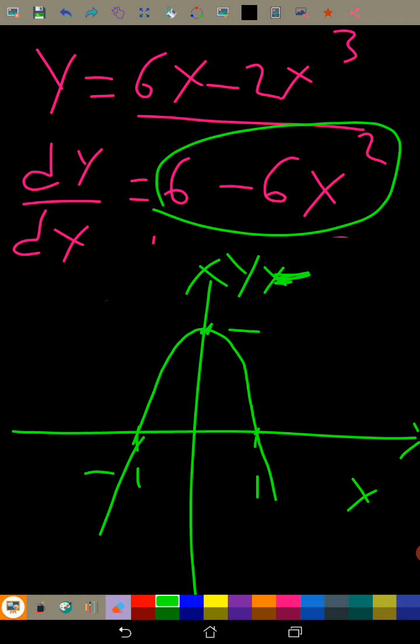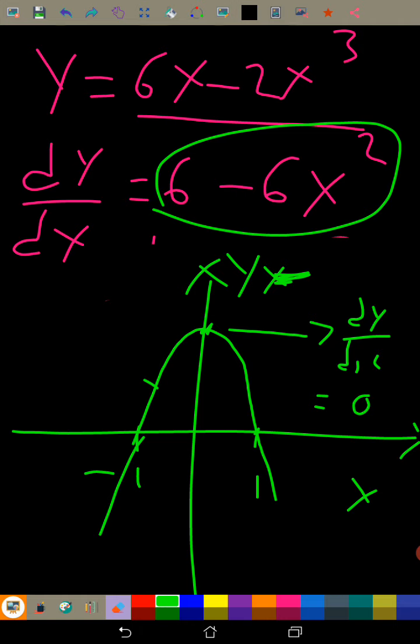So this is the point where dy by dx is equal to 0. We know that it's a maxima, and we can take any point here. For example, we can take, I don't know, half.